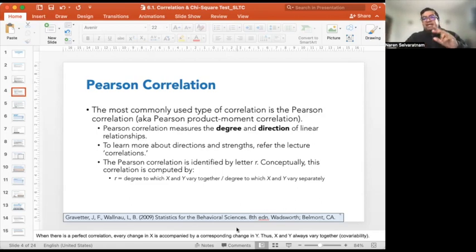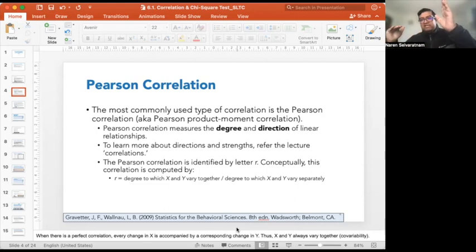Now, this x and y always varying together is what we call covariability. Because a correlation is a linear relationship, whatever change happens in x, there is always a corresponding change in y as well. So number of hours, the grade.